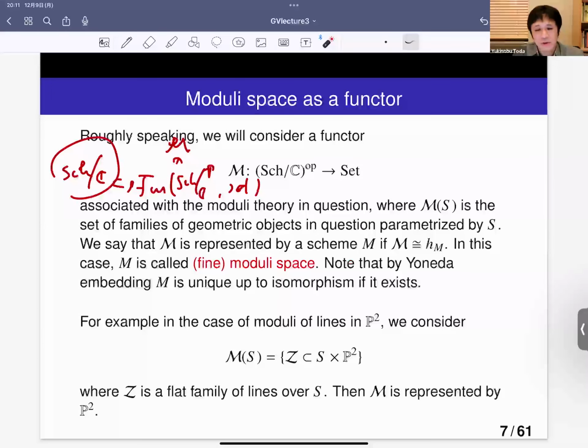So in this case, there is a unique geometric structure on this moduli space.